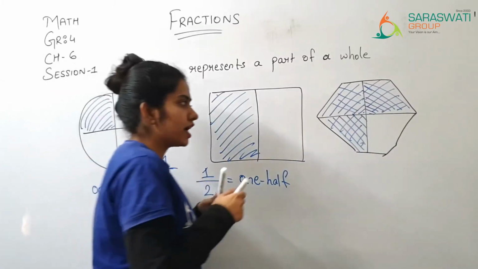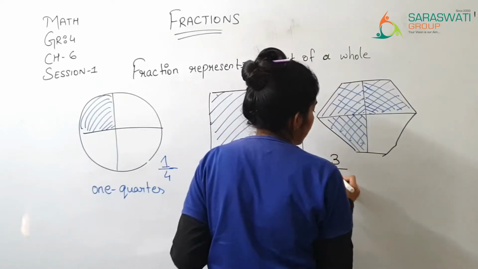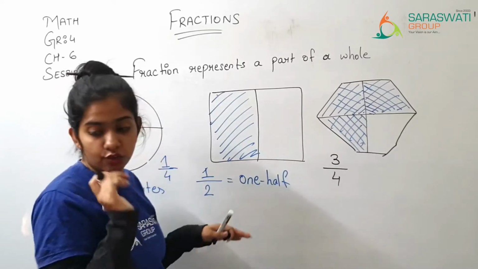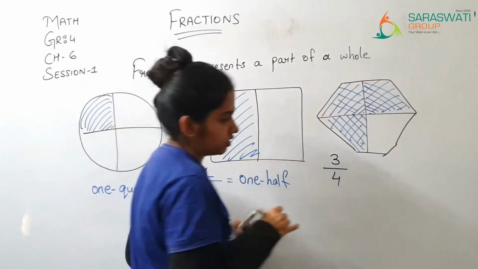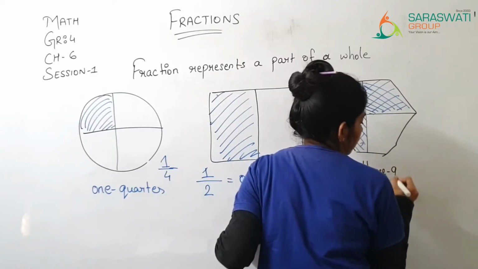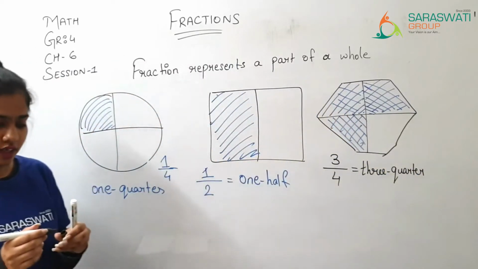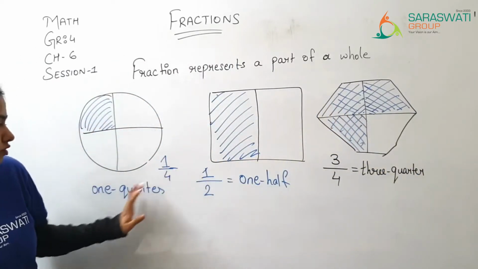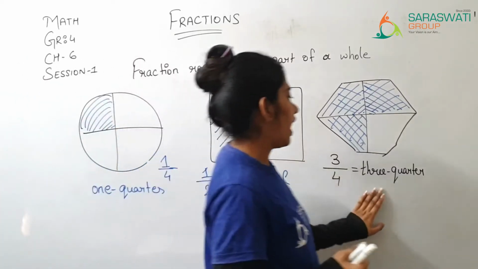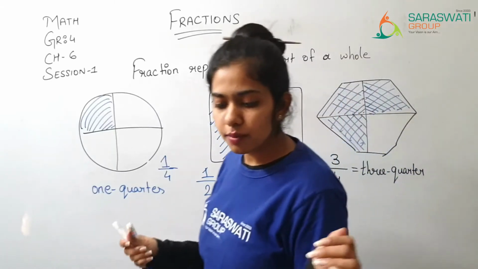From the 4 parts, I have shaded 3 parts. So the fraction becomes 3 by 4. We read 3 by 4 as 3 quarters. So, if it is 1/4, it is one quarter, and this is one half, and 3 quarters. So, this is all about a fraction.